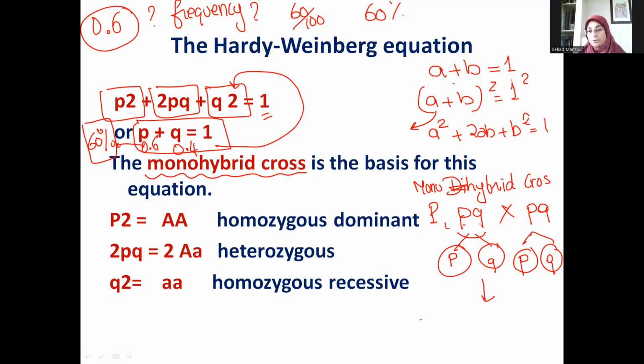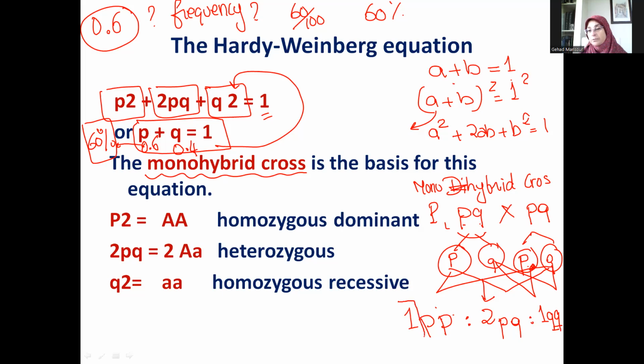So you would have PP, this is the homozygous dominant individual, this is 1. And then you have 2 PQ, and then you have 1 QQ.